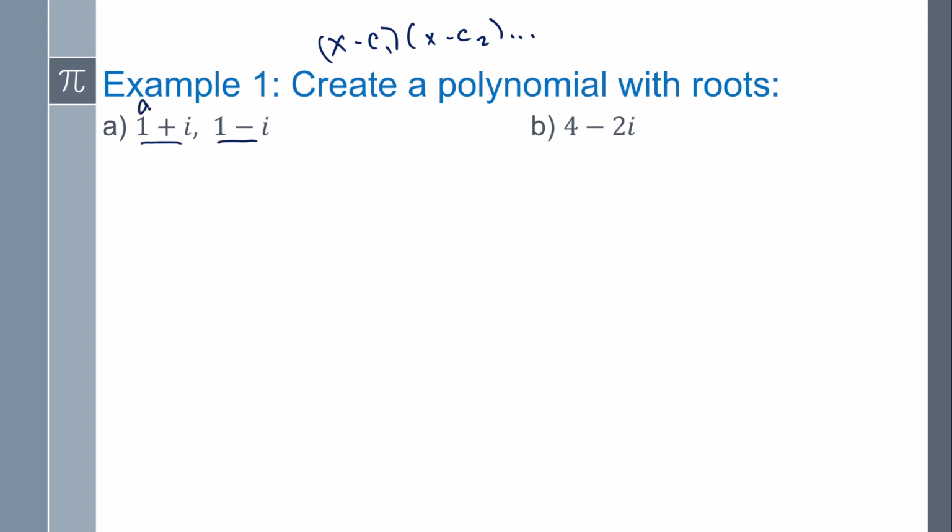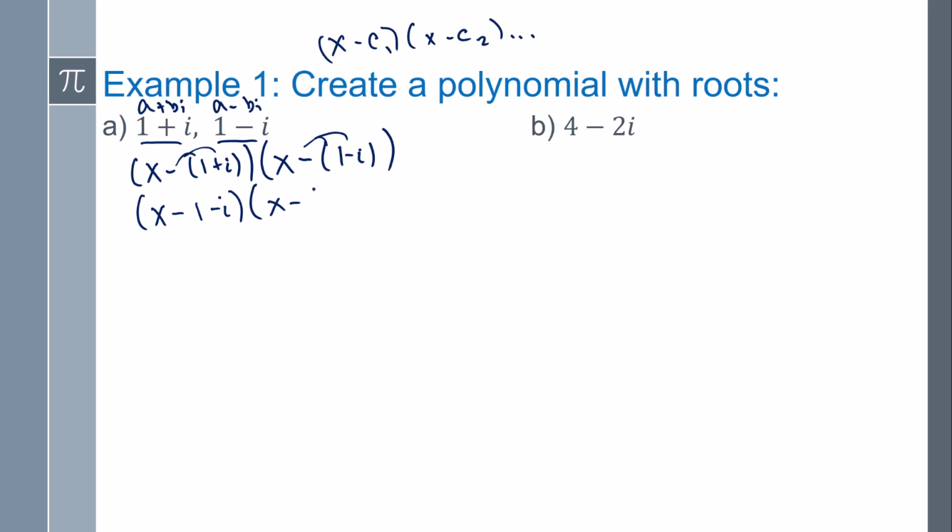Well, this is a plus bi, this is a minus bi. Okay, well, the complex zeros are present, we're good. So I can say x minus my 0, x minus my 0. Now from there, you just need to multiply it out. So distribute that, and so I get x minus (1 minus i), and then x minus (1 plus i).